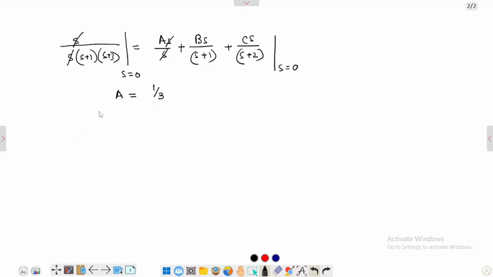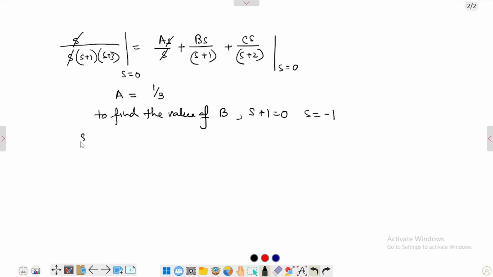Next, to find the value of B, what is the pole? s plus 1 equal to 0, so s will be minus 1.